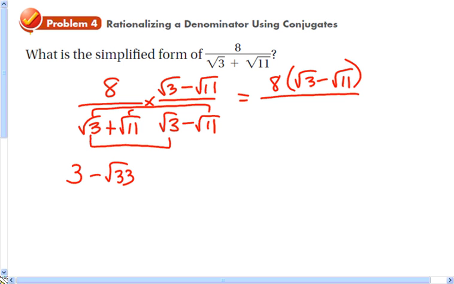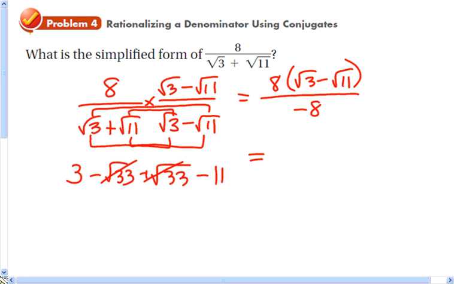When we multiply the inners, we get positive square root of 33. And then the last two, we get square root of 11 times minus square root of 11 is minus 11. And notice these two will cancel, and we get just 3 minus 11, which is negative 8.